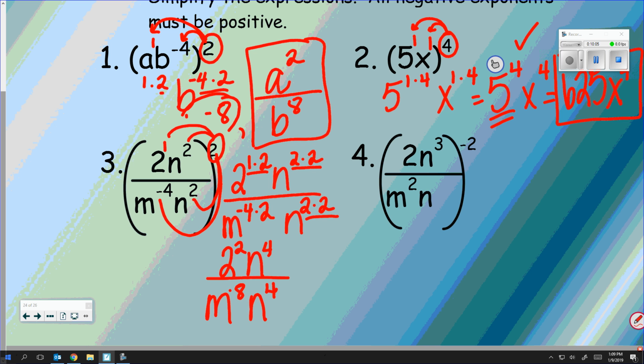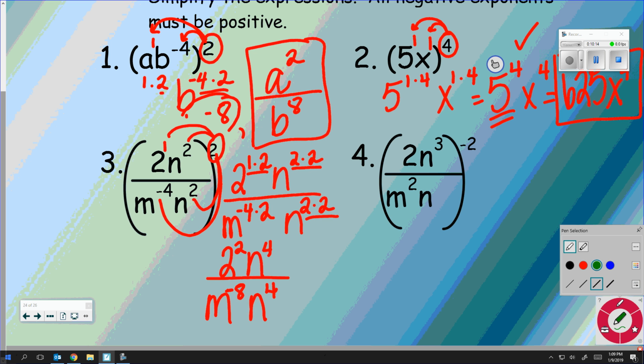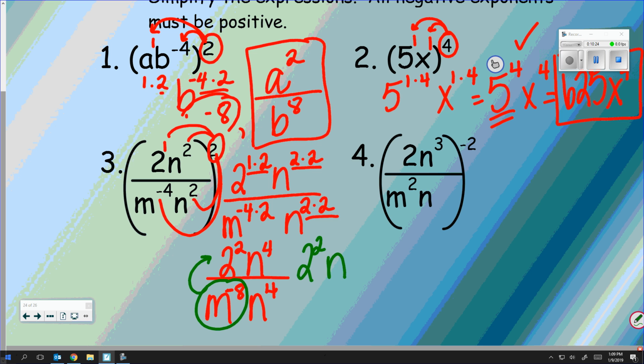Now, for this one, are we done? We're not done here because we see that we have a negative. So we're going to bring that negative up top. So we would have 2 squared and n to the 4th with that negative up top, so that changes to a positive 8, divided by n to the 4th.